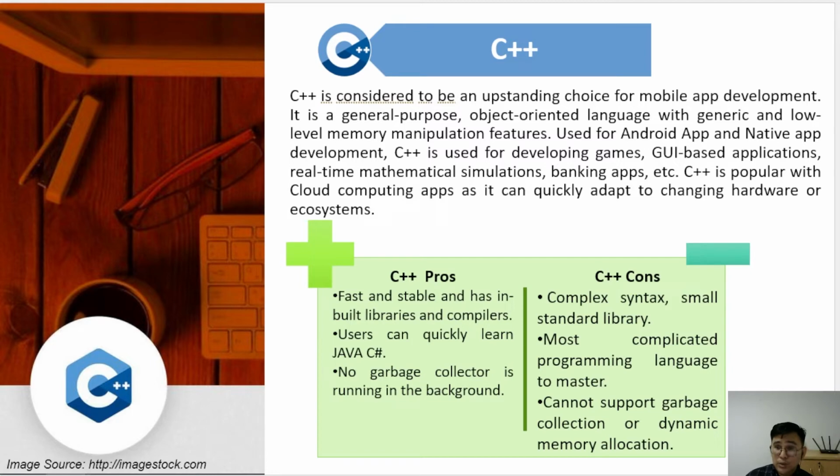It is generally used as an object-oriented language, or the use based on object-focused coding, and it has a huge advantage in low-level memory manipulation features. So it means that it could give the capacity or the flexibility in the use of this kind of programming as well.